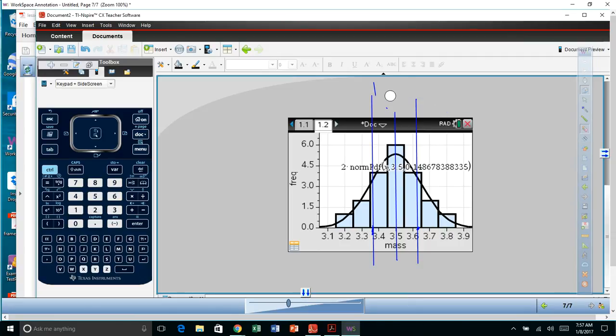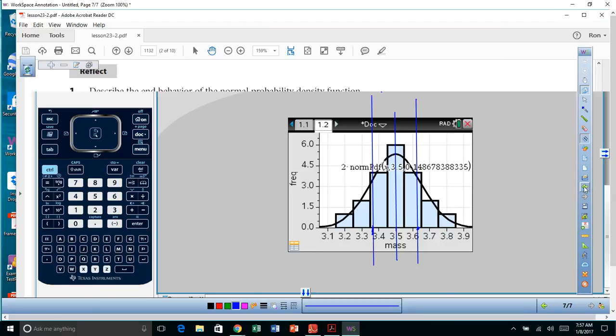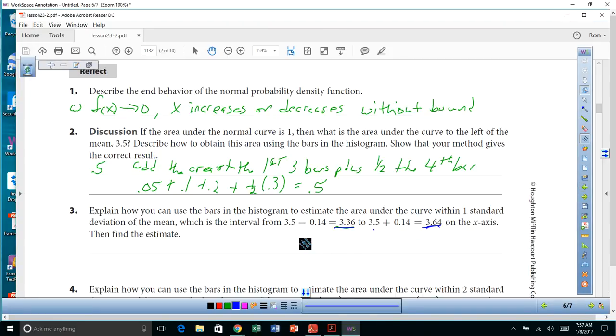So we're looking at that area right there. Okay, how can we add up that area right there? The interval captures the middle three bars, so the sum of the area of those bars should give an estimate under the curve, and that would be 0.2 plus 0.3 plus 0.2, which is 0.7. Okay, and let's go back and look at it.